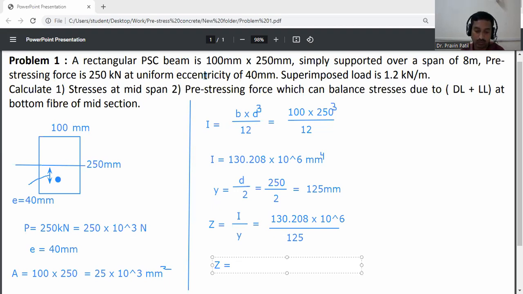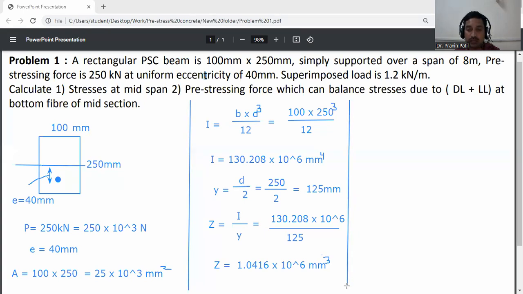So it will be 1.0416 into 10 raised to the power 6 mm cube. This one is the section modulus.